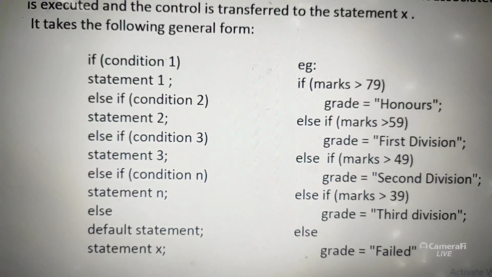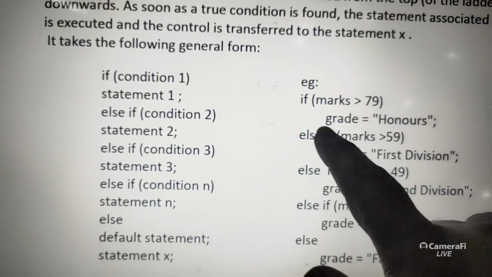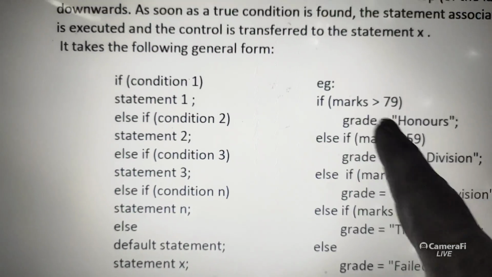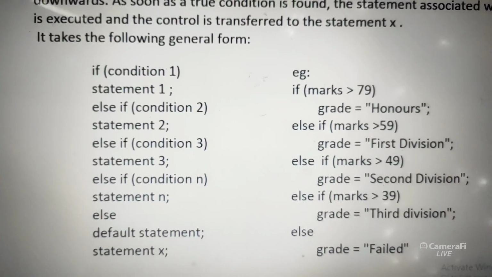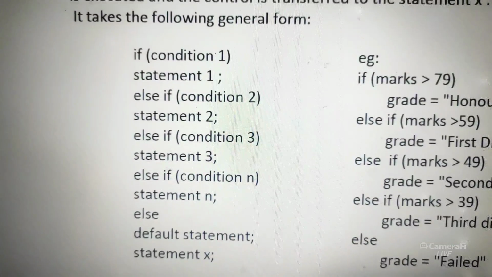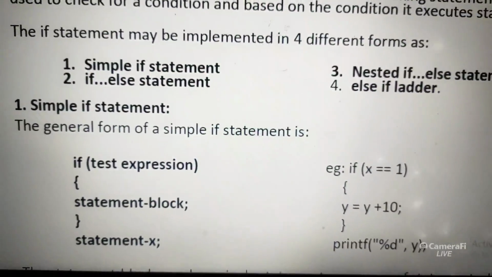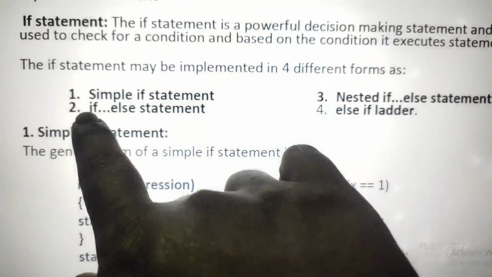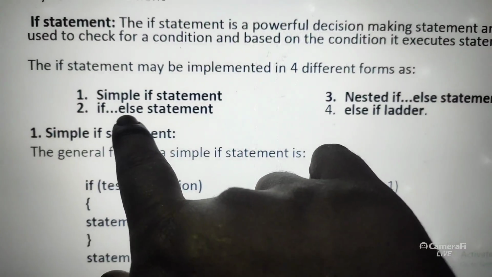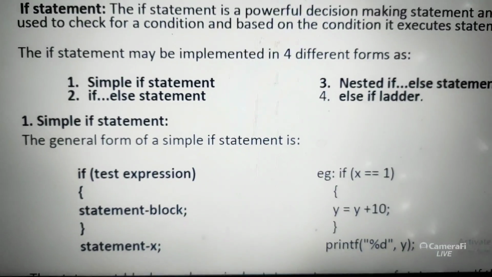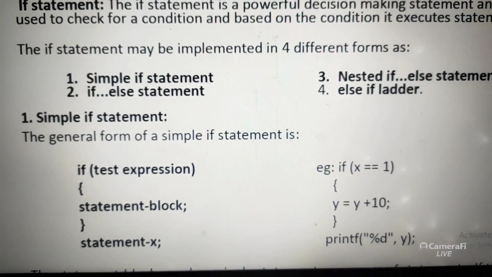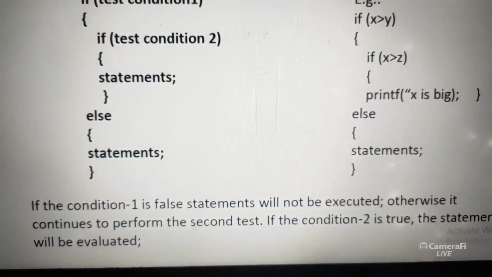So the grade will be decided by if, then else, again if, else. The second variation: first simple if, second if else. Else will be followed by the other condition, again else will be followed by the next condition.